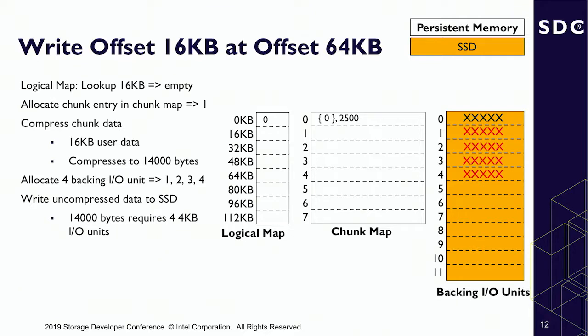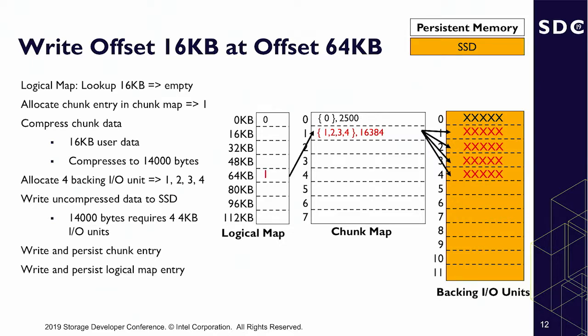So we'll allocate the 4 backing I/O units, but we're going to write the uncompressed data to the disk instead. And again, we're going to store this here. Since we see 16384, that's going to be our clue later that that's uncompressed data, so when we read the data back, we won't have to decompress it. And then again, we write and persist the logical map entry.